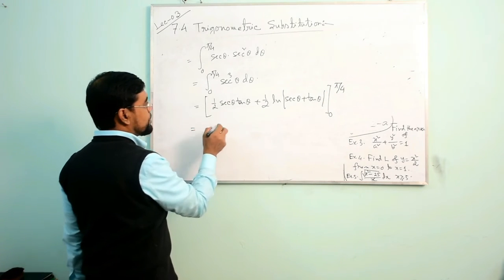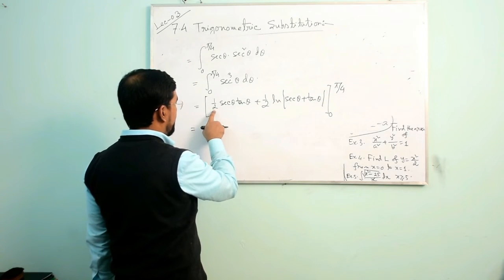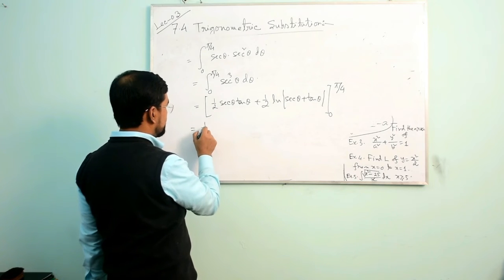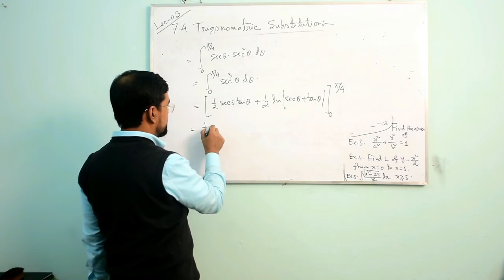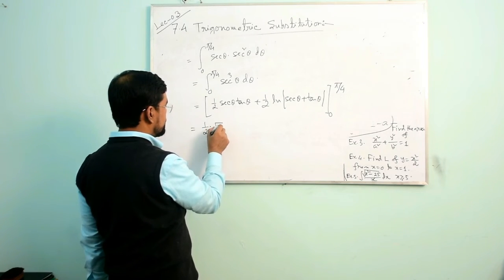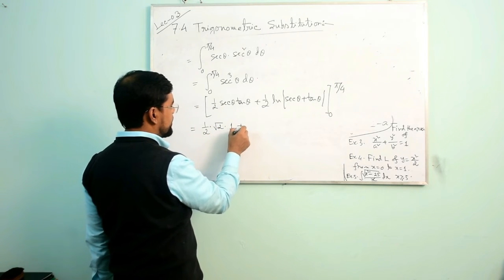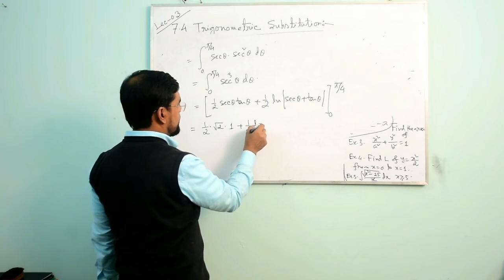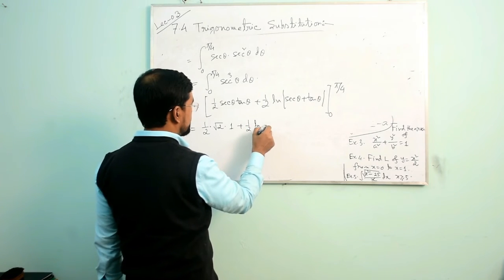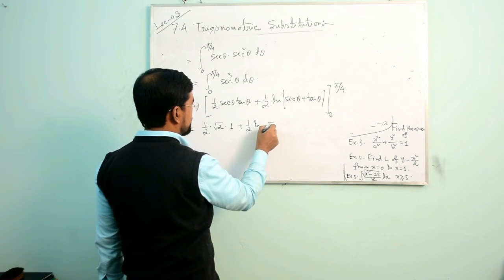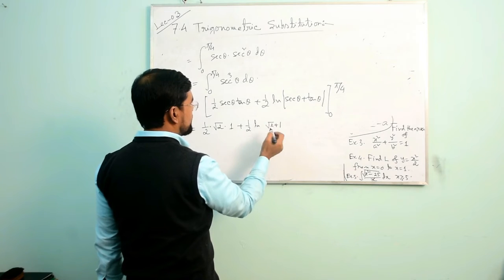If you put the upper limit, you will get half sec pi by 4 equal root 2, and tan pi by 4 equal to 1, plus half ln root 2 plus 1.